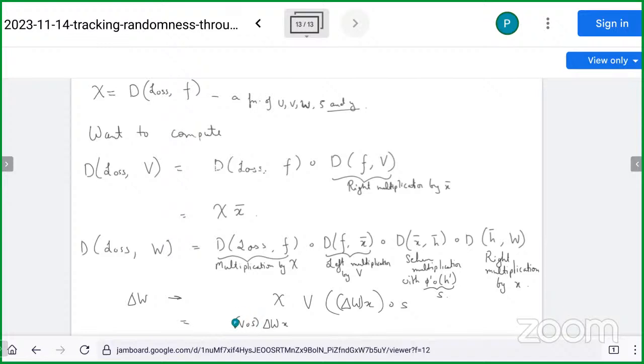It's like U transpose WV, but that is the same thing as the trace of delta W U V transpose. So the matrix is X V dot S, and that's a column again.